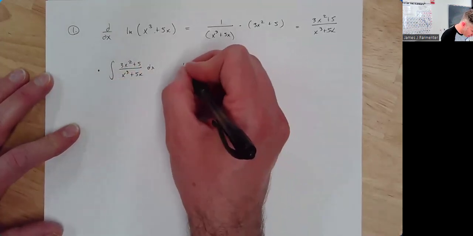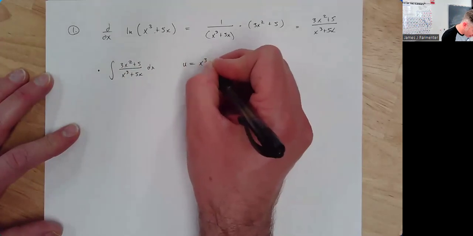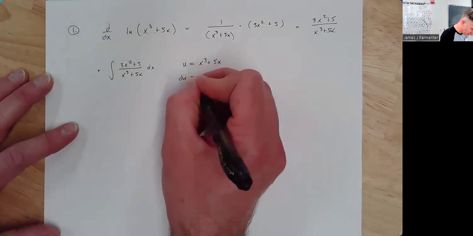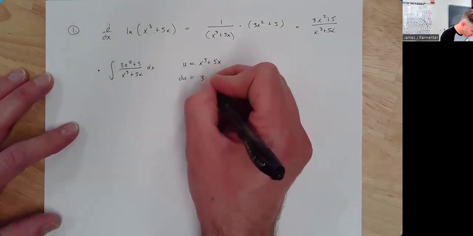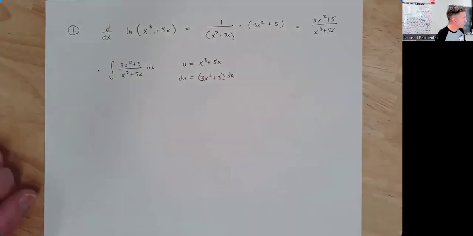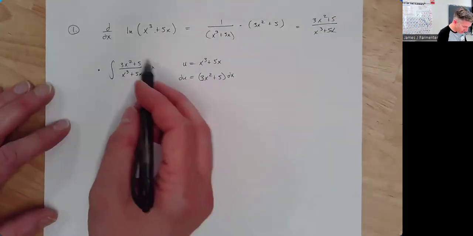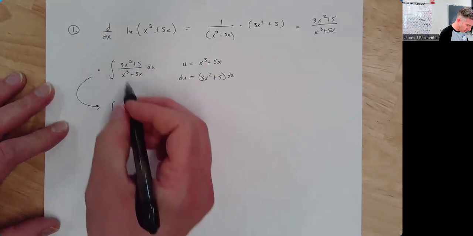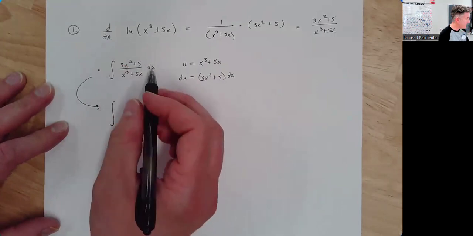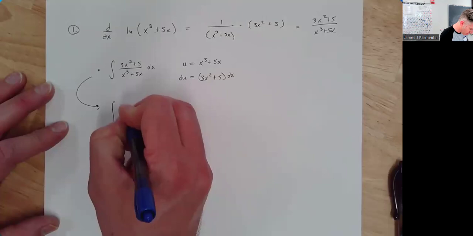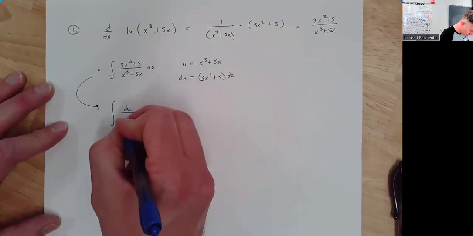We're going to let u equal the bottom, and we're going to be really happy about that because our du is exactly 3x squared plus 5 times dx. That's like an ideal situation. Because now I can rewrite my integral: 3x squared plus 5 times dx is exactly my du, so I'm going to get du divided by u.